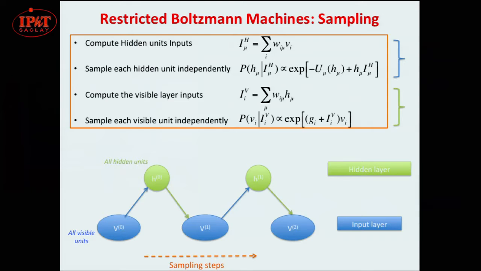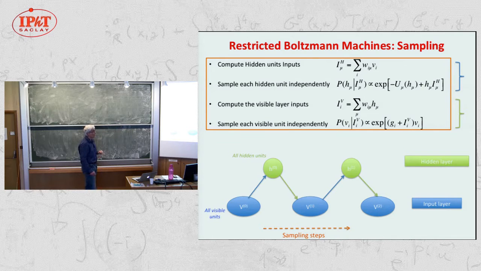So you choose 0 or 1 with the corresponding probabilities, and you get a new configuration on the visible layer, and so on. Essentially this is what is represented here: start from a visible configuration, sample the hidden configuration, sample back the visible configuration, and go on. And here that's just a number of sampling steps.